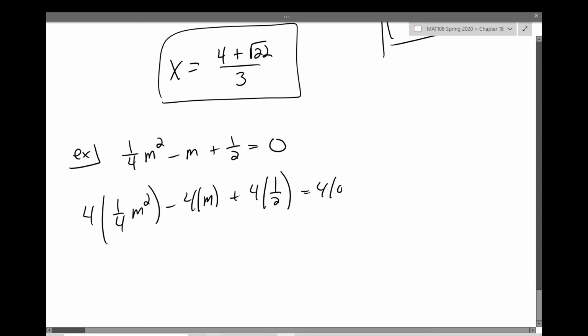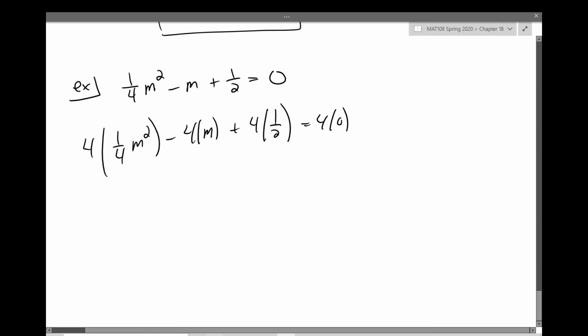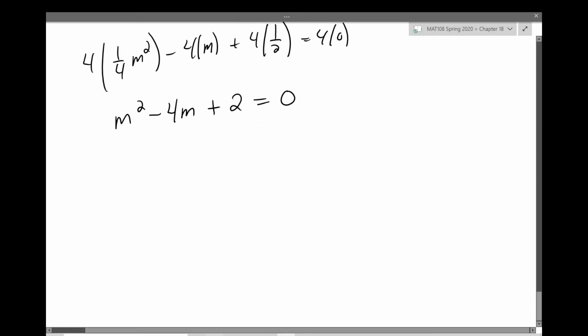And by doing that, that gets rid of all of our denominators. So 4 times a fourth, that's going to be m squared, minus 4m, plus 4 times a half, well, that's 2, and that equals 0. Now, from here, you can just go right into what you need to, all right? So a equals 1, b equals negative 4, c equals 2.